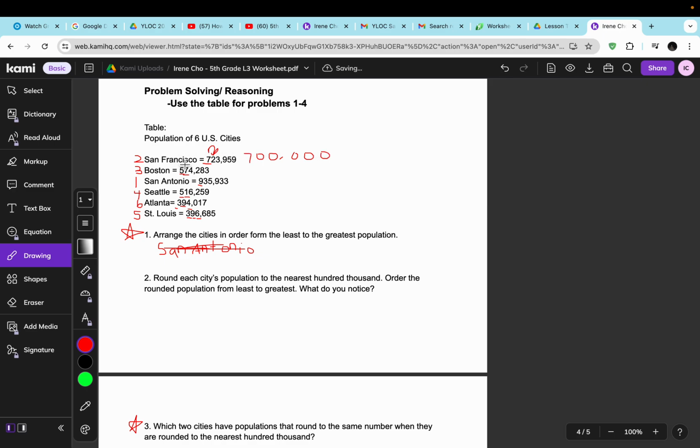For Boston, the number is 5, and then we look at the second number, it's a 7, and because it's greater than 5, it'll go up. So it's 500,000, I mean 600,000. Wait, my bad.